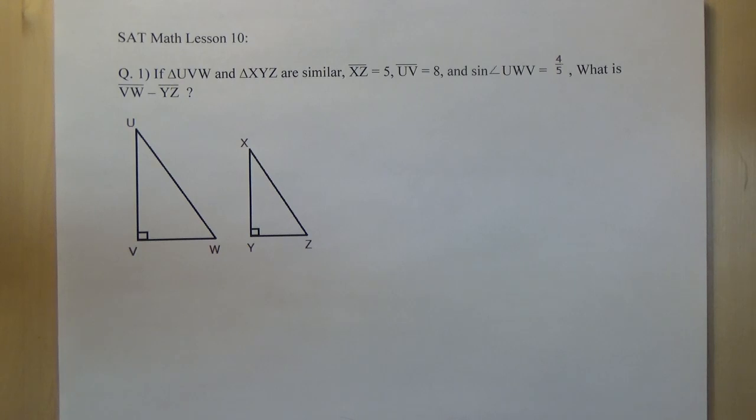If triangle UVW and triangle XYZ are similar, and segment XZ is equal to 5, and segment UV is equal to 8, and sine of angle UWV is equal to 4 over 5, what is UW minus YZ?